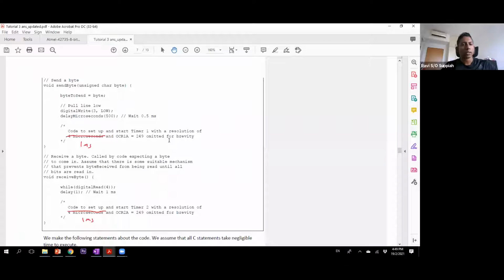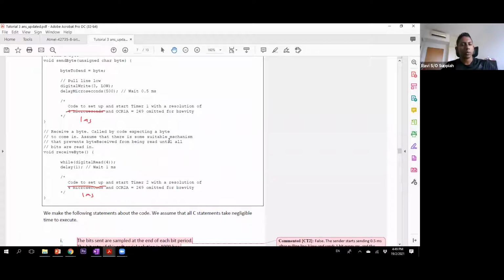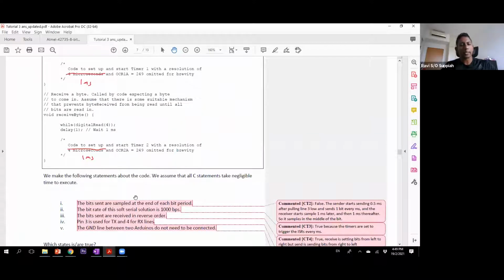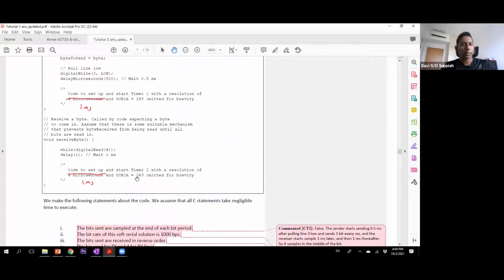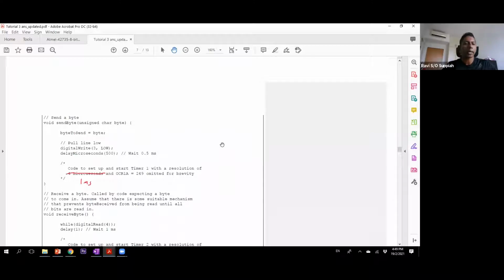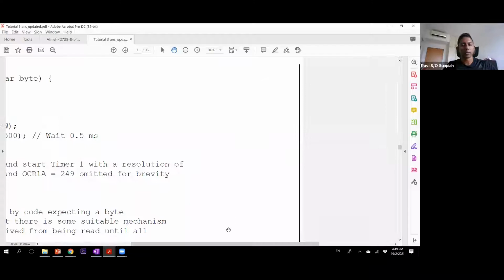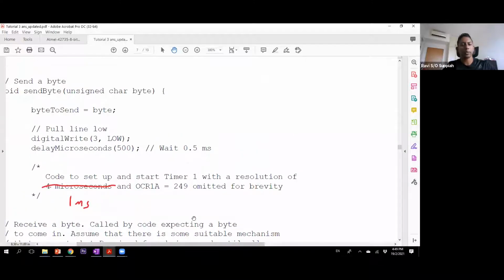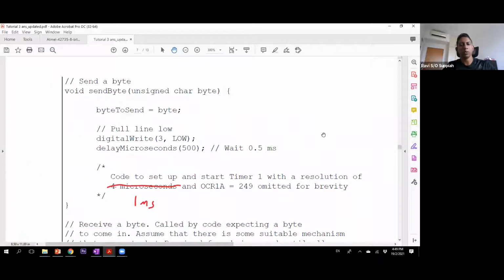Now, let's look at the code a bit first and then try to make sense of what is happening. For send byte, what are we doing? Firstly we are doing a digital write low.